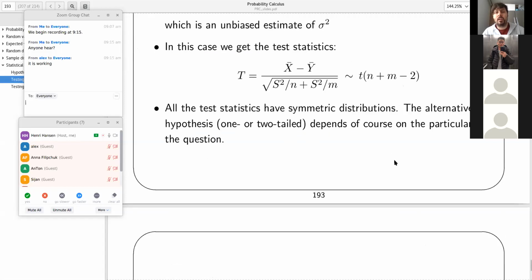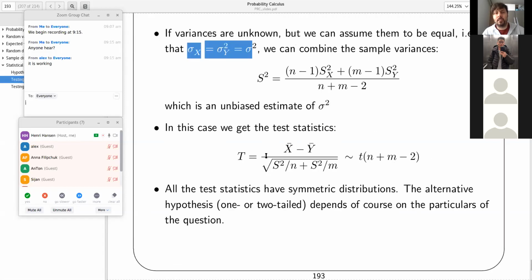And in this case, we can get this test statistic like this. We have the pooled or combined sample variance, and then the sample variance of this difference can be estimated as this and estimated as that, and this turns out to be t with n plus m minus 2 degrees of freedom.